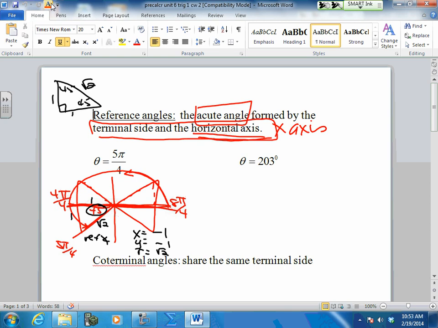Can I find all my sine, cosines, my tangents off of my x, y, and my r? Right? If I say sine, take my y, negative 1 over radical 2. Cosine, tangent, negative over negative. A negative over negative is what?